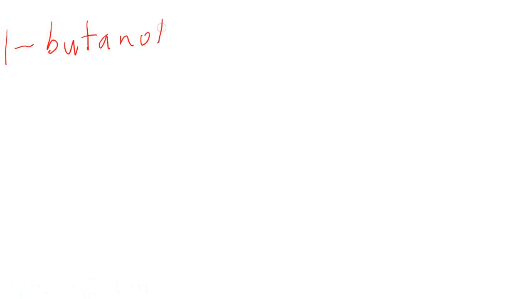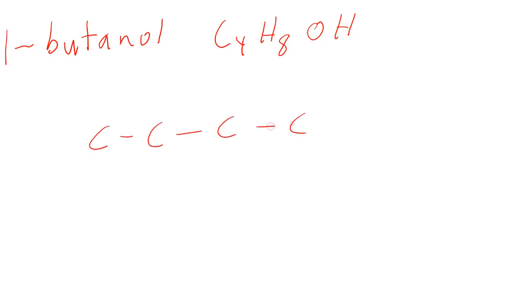Your next molecule is 1-butanol. Again, the OL ending means that we have an alcohol, and this alcohol has a molecular formula of C4H8OH. So we have 4 carbons this time.